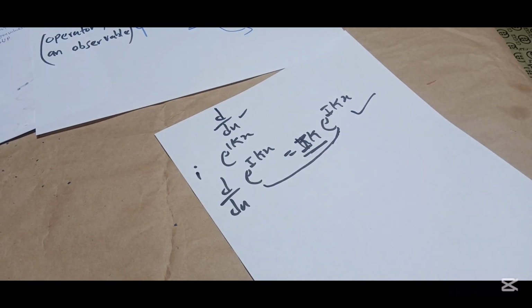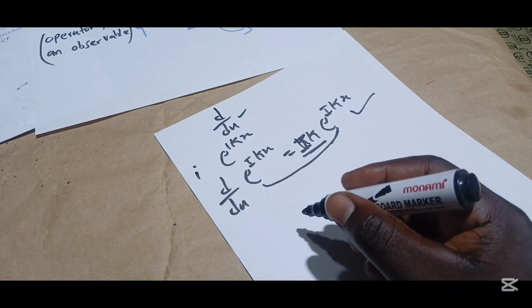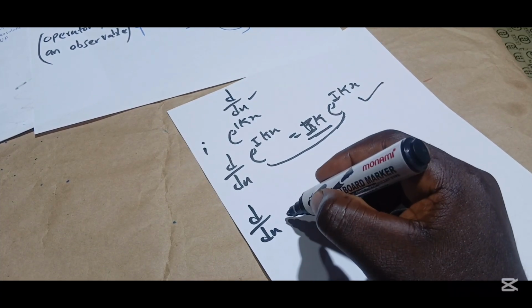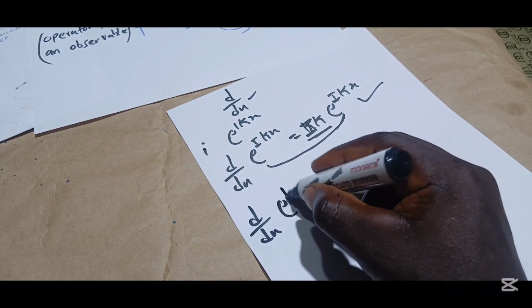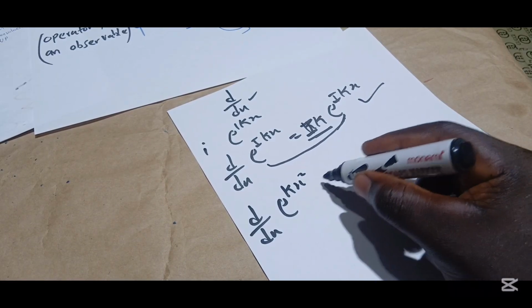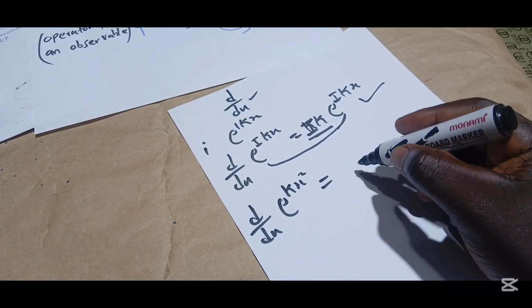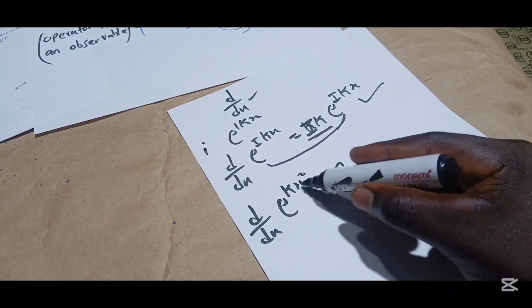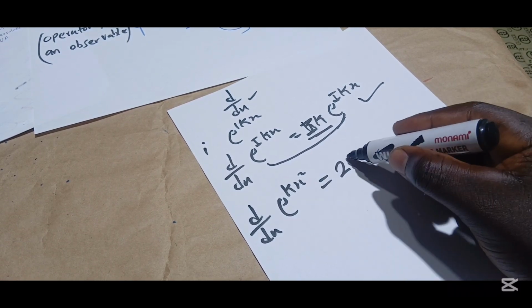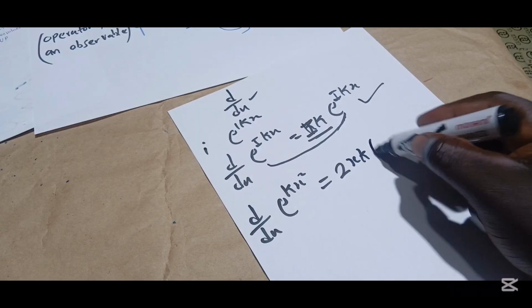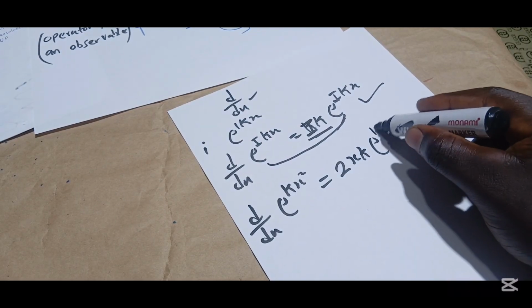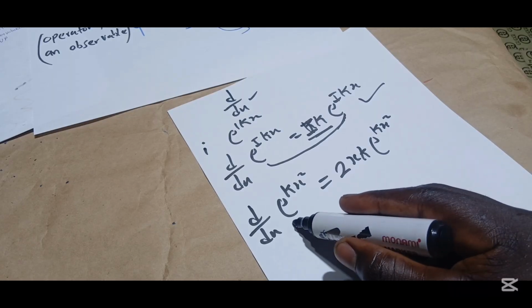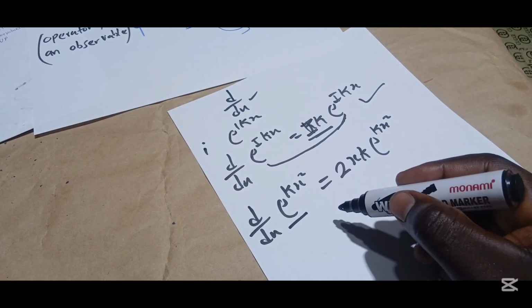So the other function is e to the power kx squared. So we have to differentiate. It's going to give us, bring 2 here, differentiate this, 2xk, then e to the power everything. So now, is the function e to the power kx squared an eigenfunction?